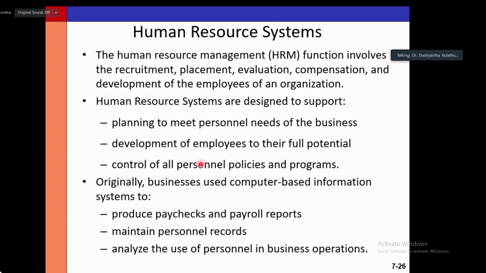Then we can assess whether they are performing according to the expectation, because we can set certain targets for individual employees, and human resource systems can be used to assess whether they have achieved the set targets or not.